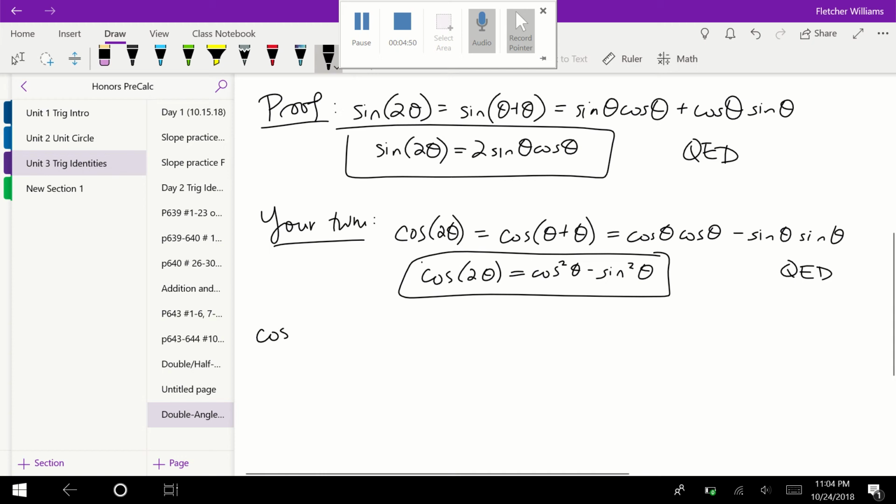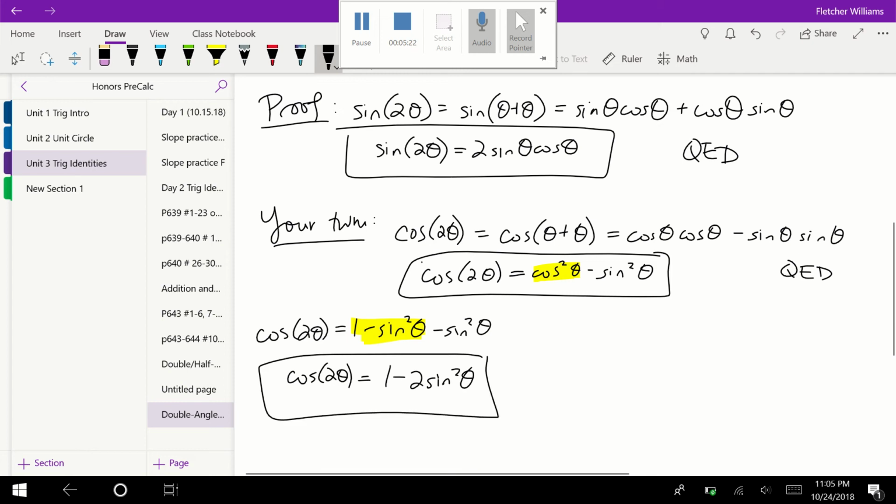If you wanted to have it in terms of sine, you could say cosine 2 theta is equal to, instead of cosine squared, write 1 minus sine squared theta minus sine squared theta. So we're putting in place of the cosine squared, 1 minus sine squared. So that just leaves us with cosine 2 theta equals 1 minus 2 sine squared theta.